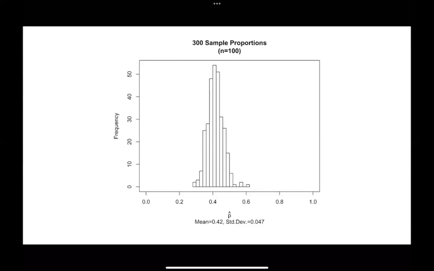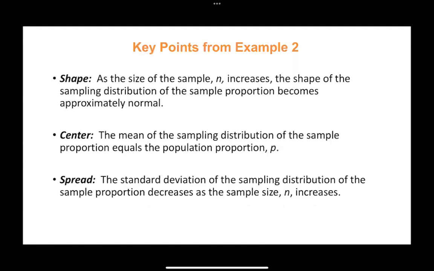Once again, larger sample sizes make it more normally distributed. It's the same thing with sample proportions as it is with sample means. It's going to say that right here. So these are the key points. As the sample size increases, the shape becomes approximately normal.